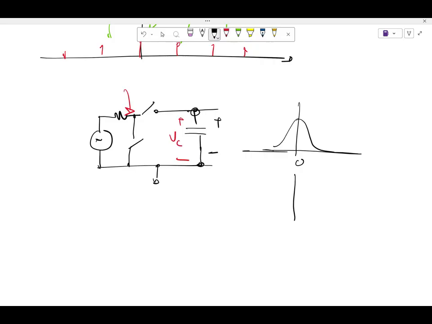So S of t has, this is exactly what we did like 2 minutes back. This is S of j omega. So you are going to have impulses at 0, omega s, 2 omega s, 3 omega s, and so on.